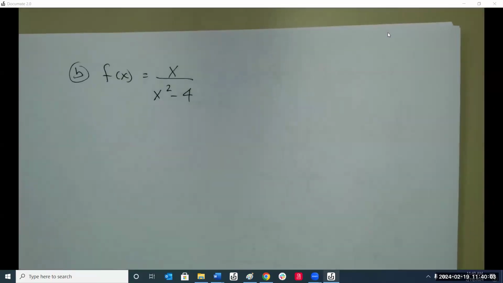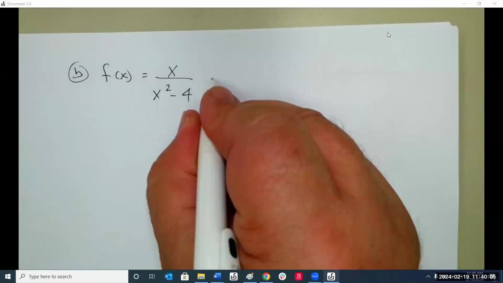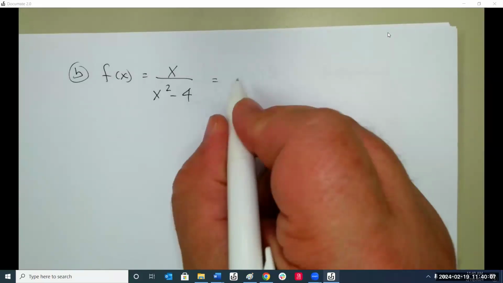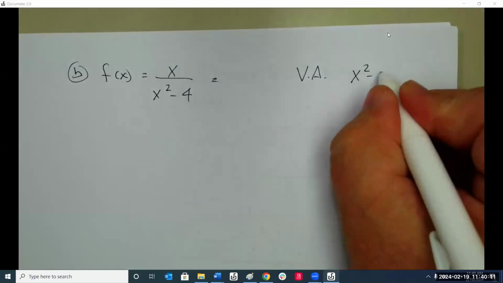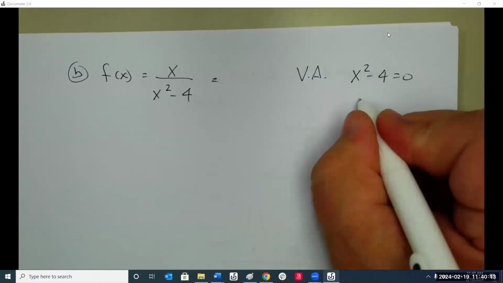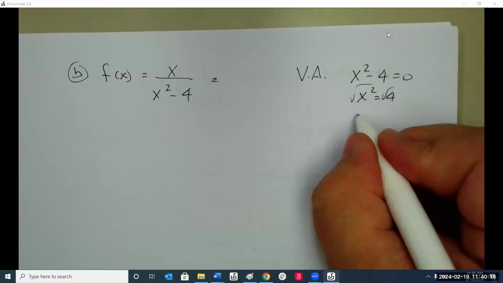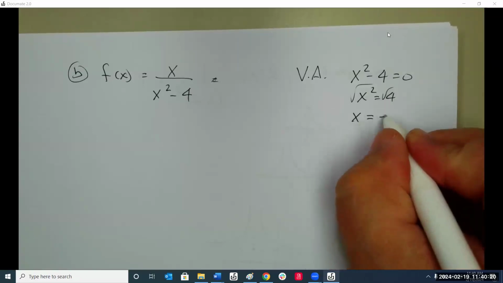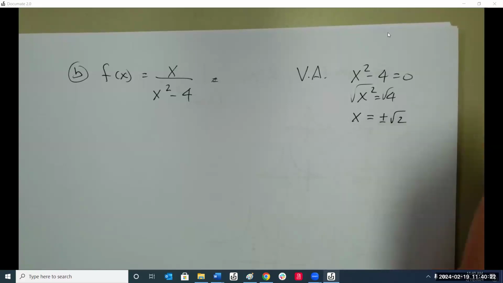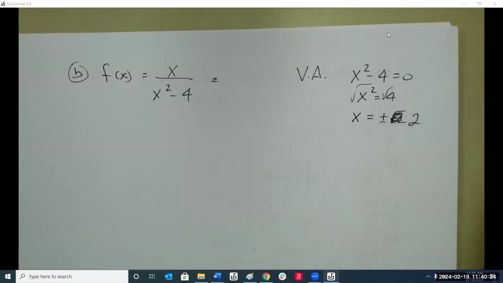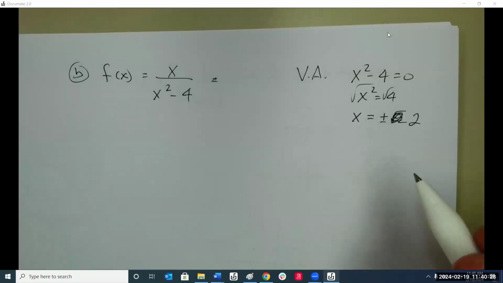How about this one? The vertical asymptote, set the bottom equal to 0, square root both sides. So x equals plus or minus 2. So those are my vertical asymptotes.